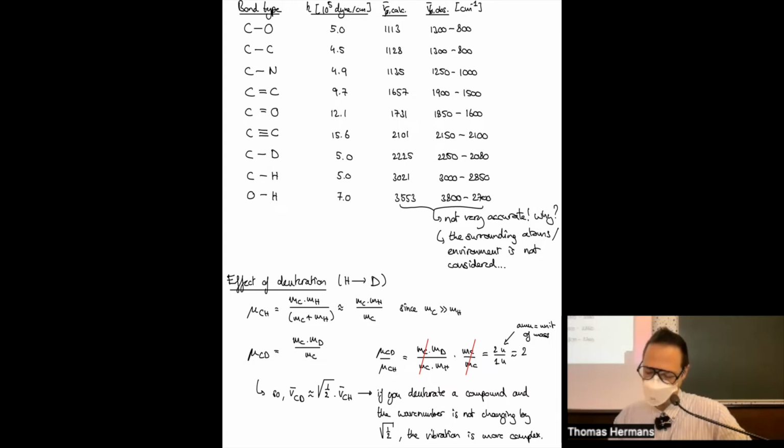So you see that in many cases, the reality is quite different from the calculated values. Often it's somewhere in between, but does not need to be. It depends on the environment. So it's not very accurate.